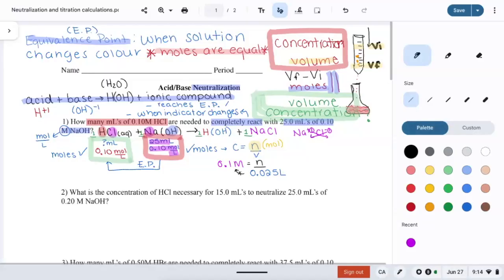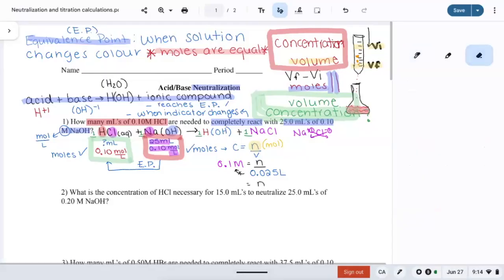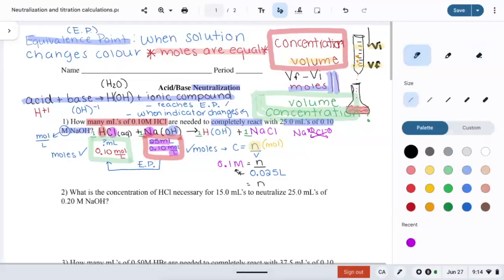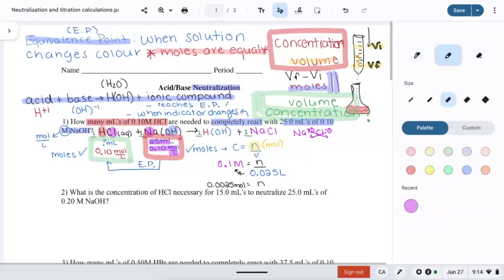So if it's divided on the right, we're going to multiply on the left. And we get a small number of moles. Okay, so there's our moles of NaOH.